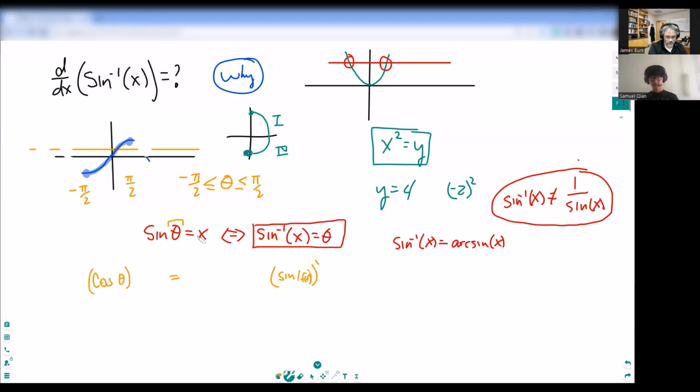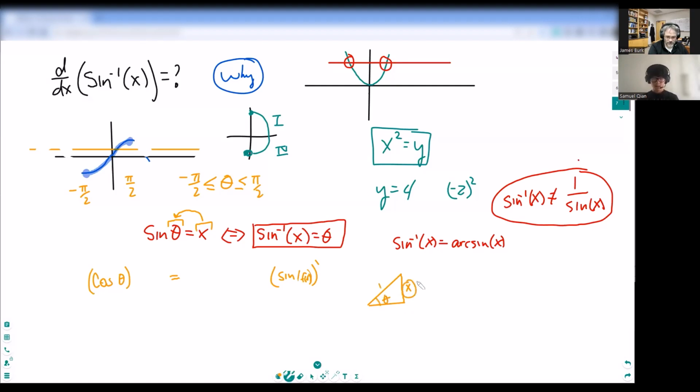It's an angle. Well, what happens as x changes? Does my angle change? Yes, it absolutely does, because sine you can think of as opposite over hypotenuse. The hypotenuse is 1.